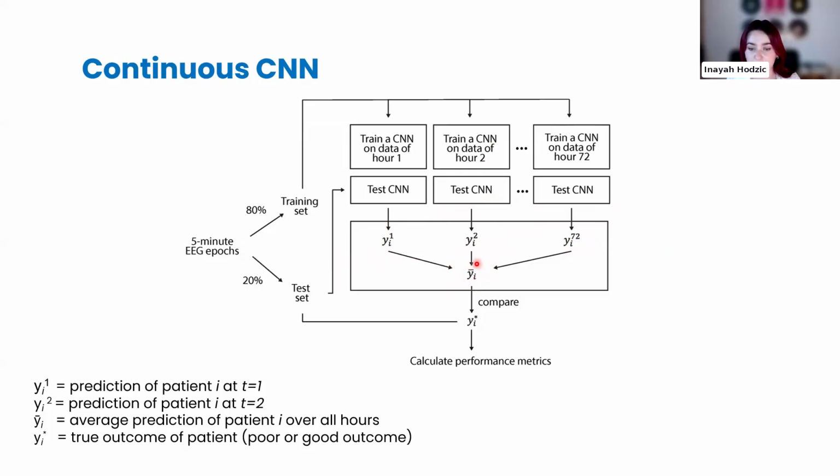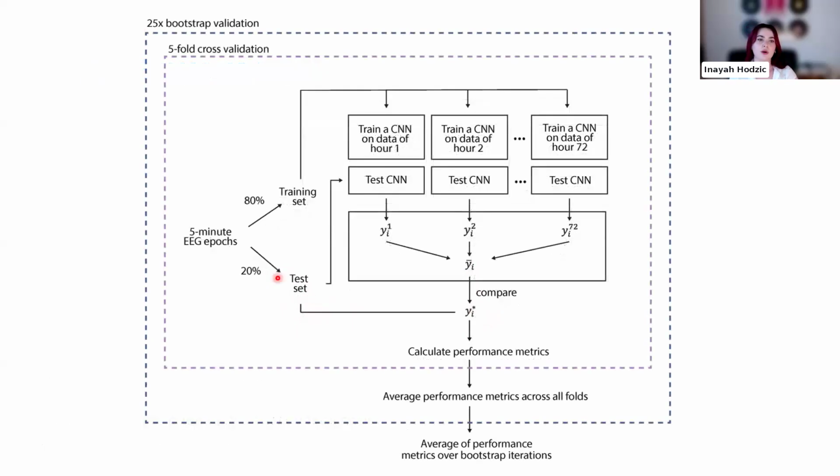And this was considered the final overarching prediction of this particular patient, whereafter we could compare our encompassing prediction with the actual true outcome for that patient. And that is what we did for all the patients in the test set, so about 20%. Once we did that, we employed a relatively standard 5-fold cross-validation operation. So we had performance metrics over all possibilities.